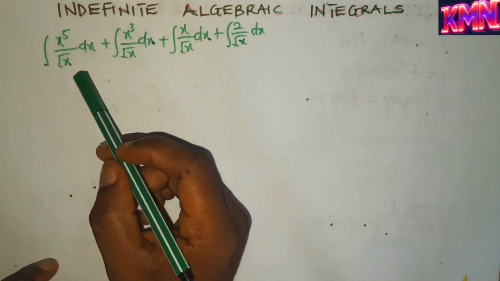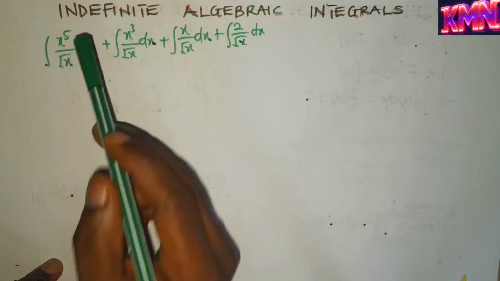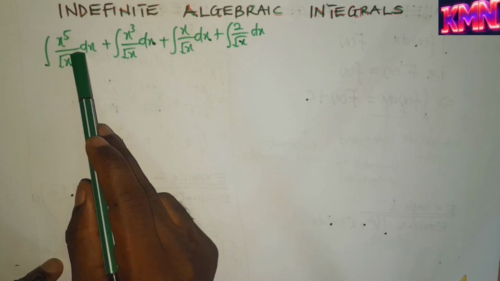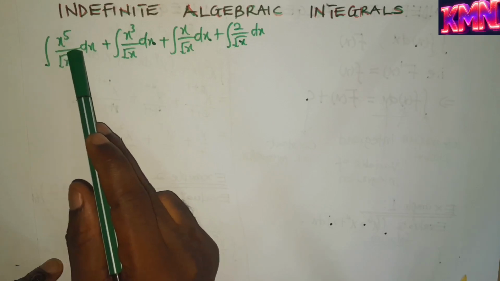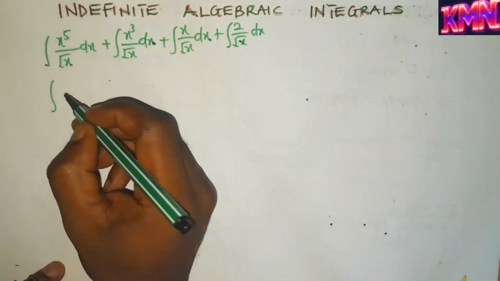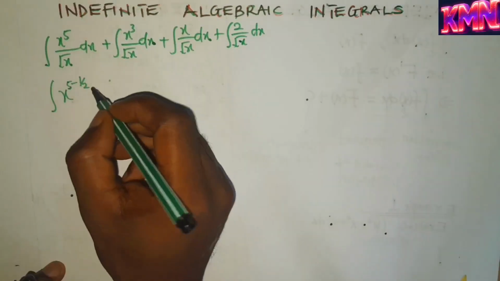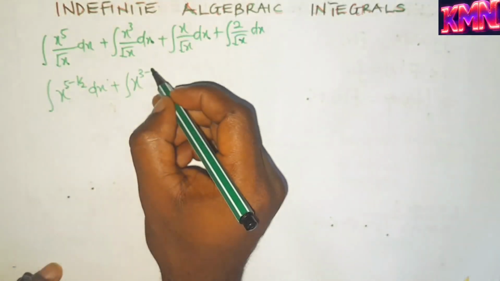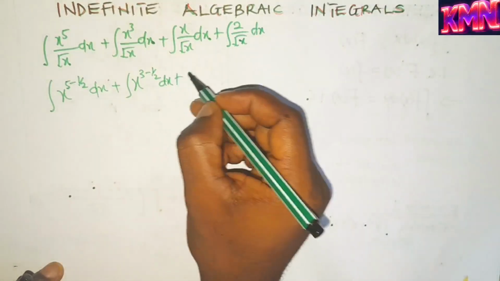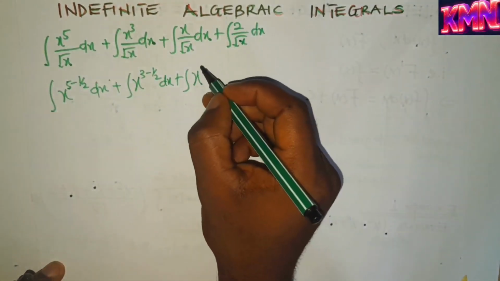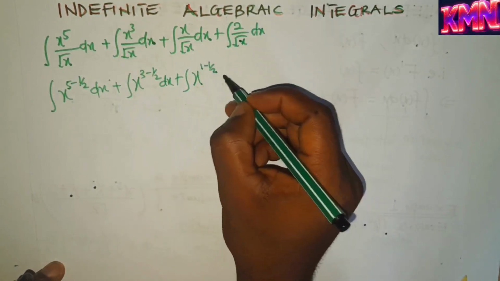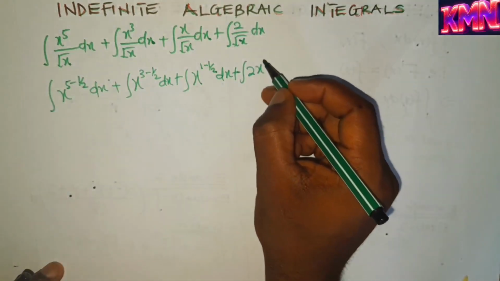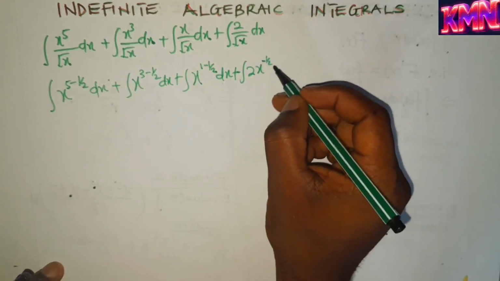So at this very stage, let's simplify. In simplifying, you can see that the root x over here also simply means x power half. Then from law of indices, they have a common base, so you can subtract the powers. So with that, we're going to get integral of x power 5 minus half dx plus integral of x power 3 minus half dx plus integral of x power 1 minus half dx plus integral of 2x power negative half dx.